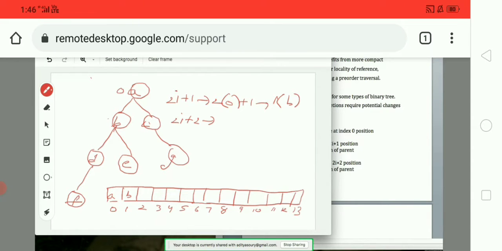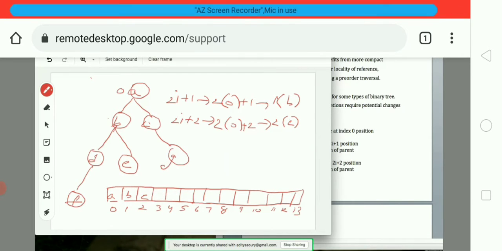Now I would like to store another node called C, and C is in right side, so we have to apply 2i plus 2, and the parent of C is A and the A position is 0, so 2, and we have to store C in second position. So we got B position 1 and C position 2.